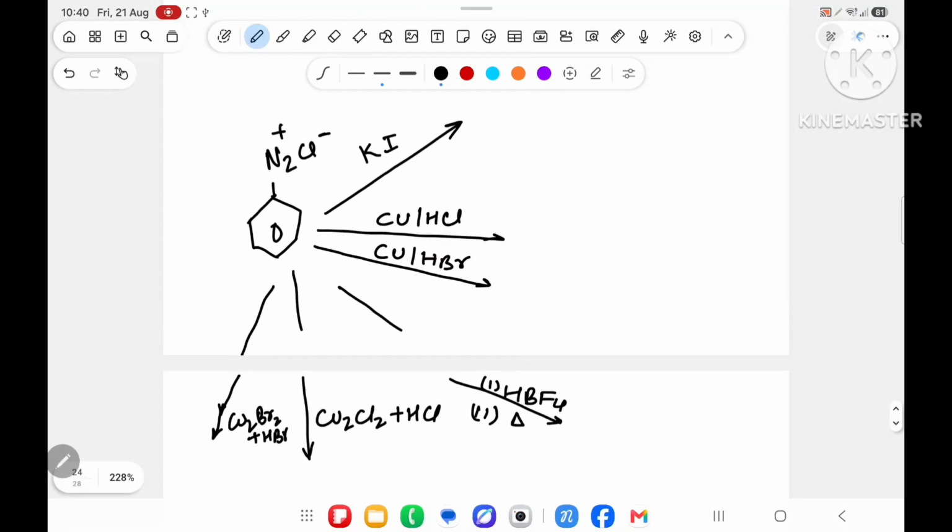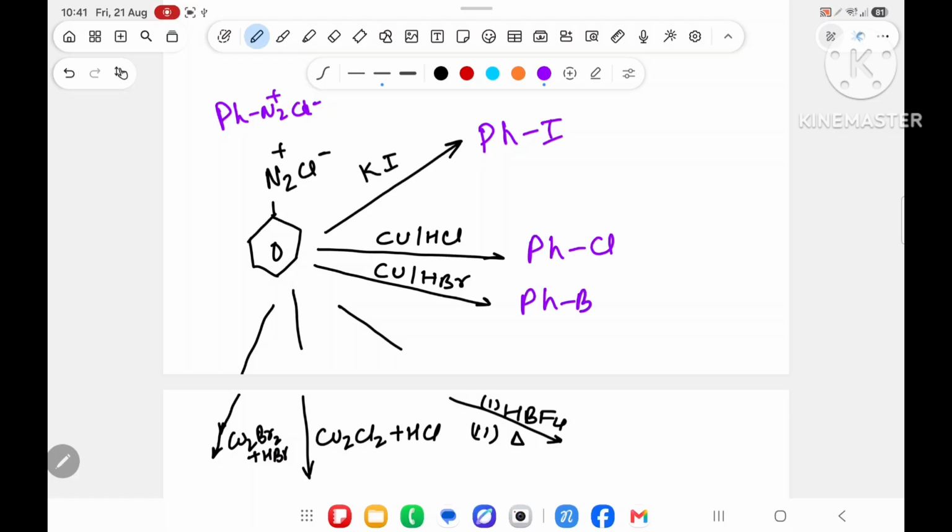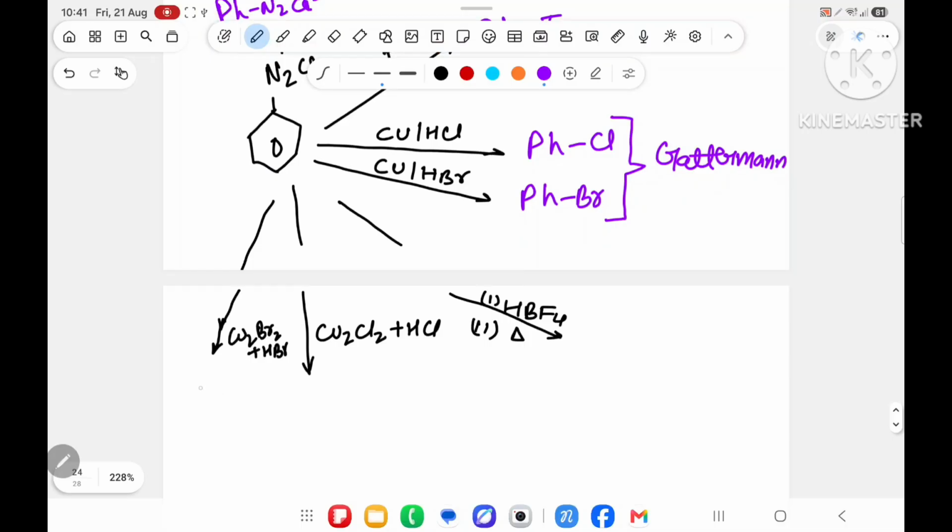What will happen? See over here. With KI, it will give PhI. This can also be written as Ph N2+ Cl-. So PhI will come. Over here, PhCl will come, PhBr will come. The name of this reaction is Gattermann reaction. Over here, PhBr will come.